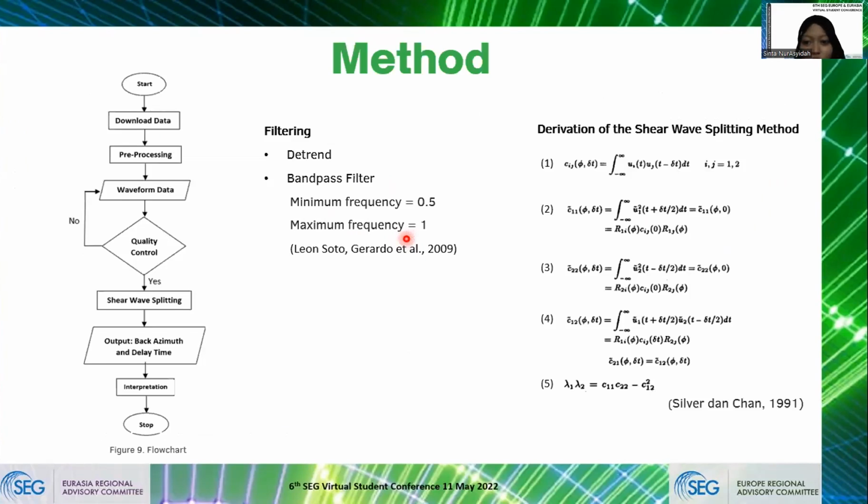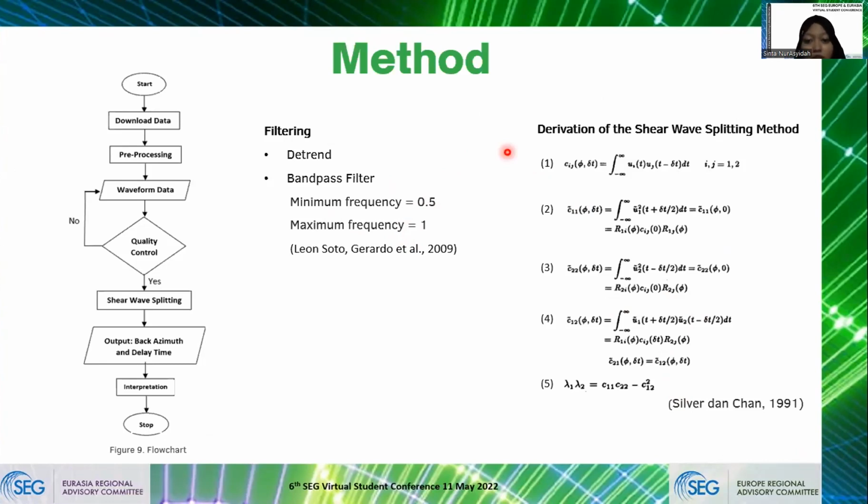In processing, we use the Python programming language, and the data is downloaded from IRIS, and pre-processing in the form of filtering is carried out to obtain better signal quality. In this study, detrend and a bandpass filter are used with a range of 0.5 until 1.